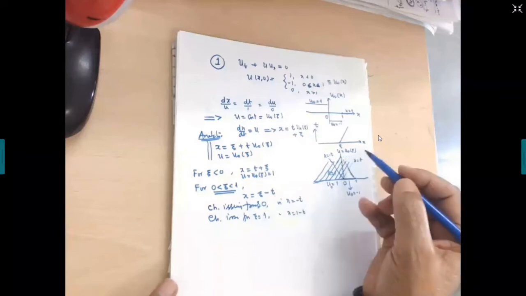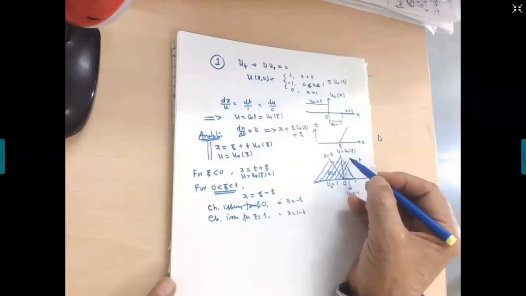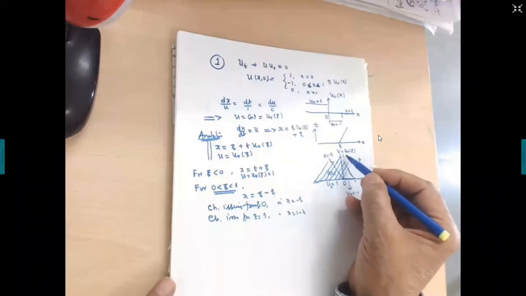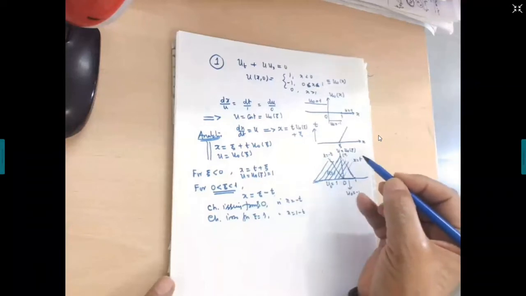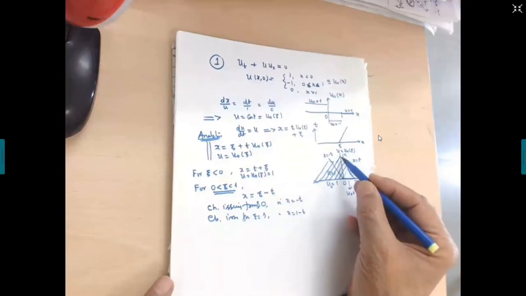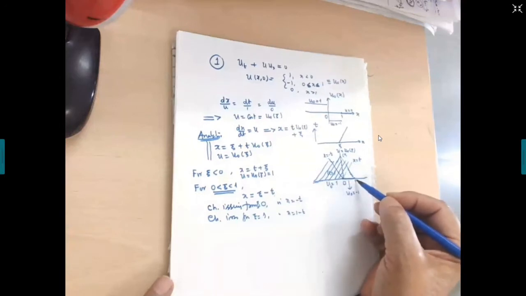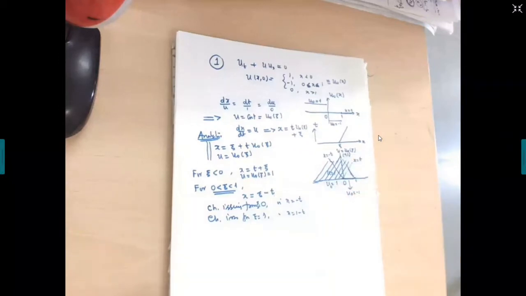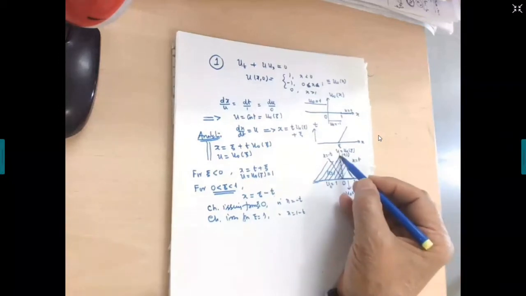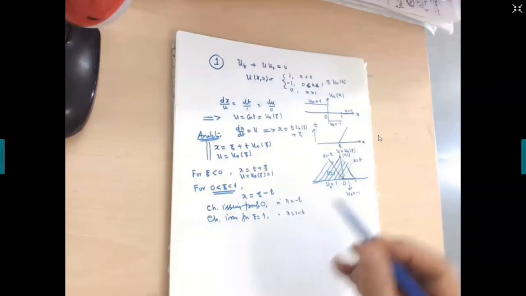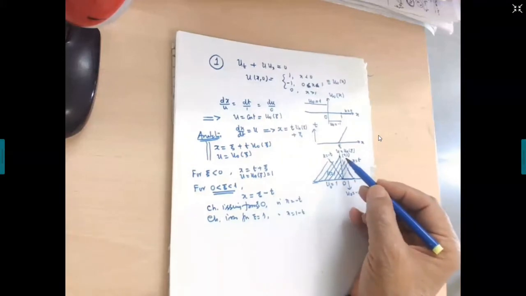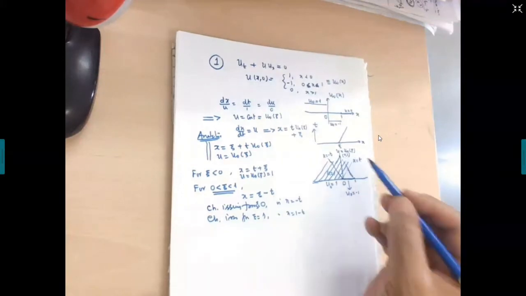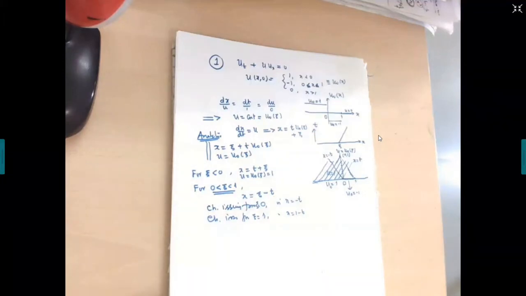So this point is what? The coordinates of this point would be x is equal to 0 and t is equal to 1. Yes or no? Yes, sir.